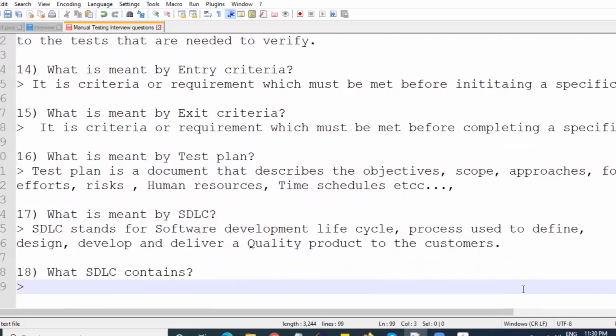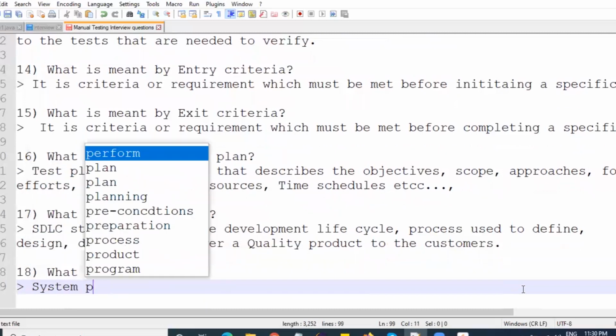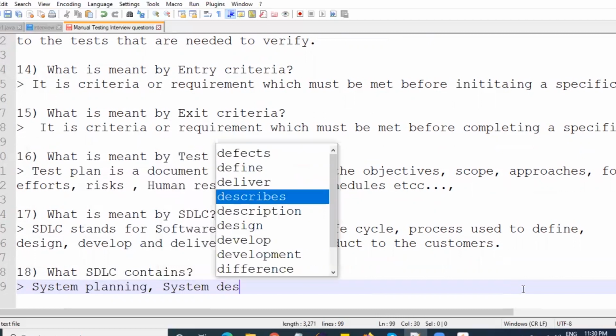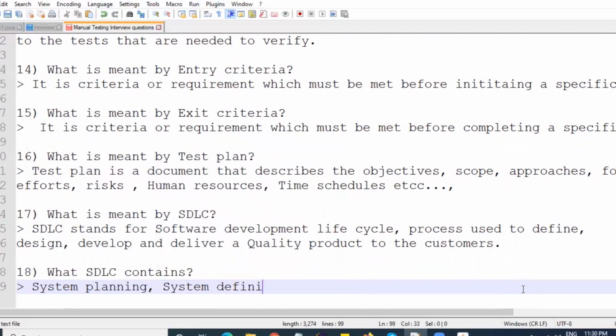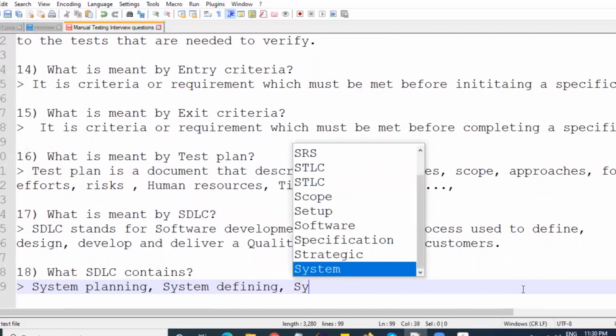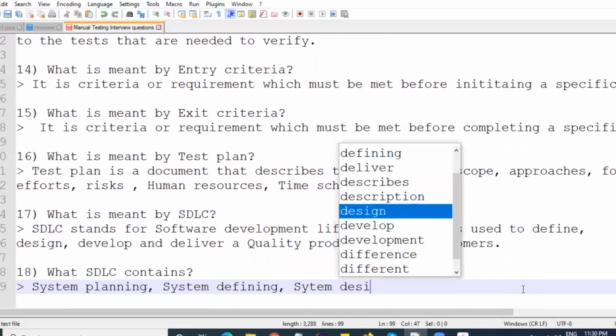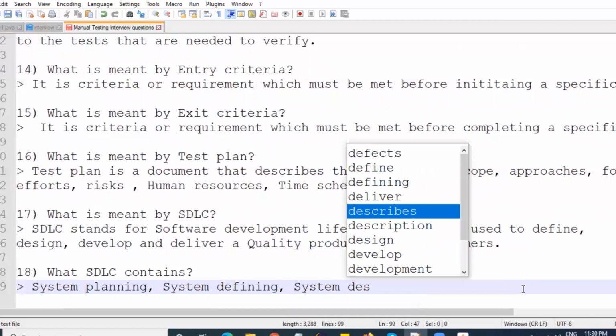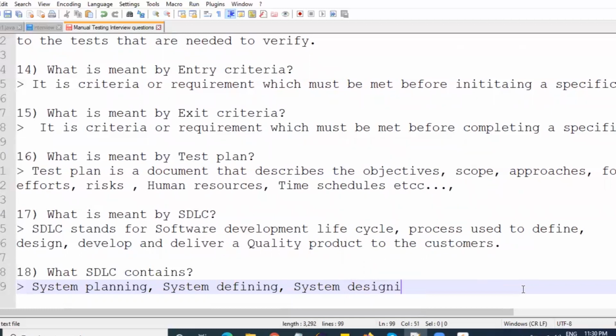SDLC contains, first, system planning, system defining, system designing, and implementation of the project.